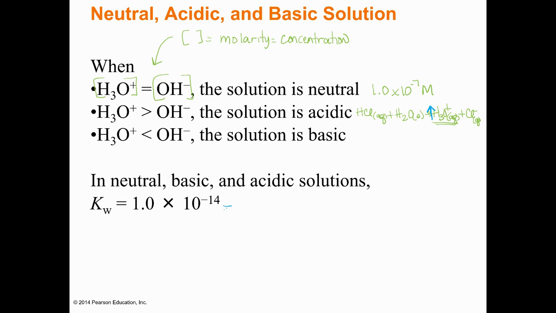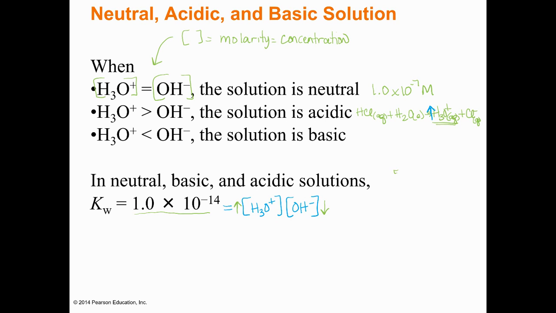Now, if your Kw, okay, so there's our Kw equals hydronium times hydroxide. Now notice what will happen is if we increase this number, hydroxide has to go down to maintain this constant. Now, if you can't see it with this number, let me give you an easier example.